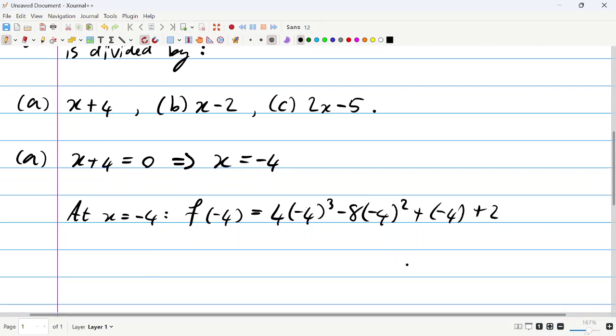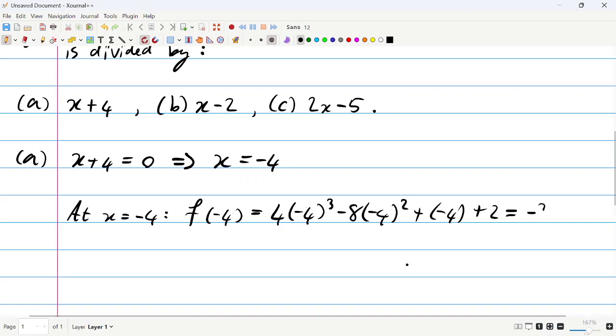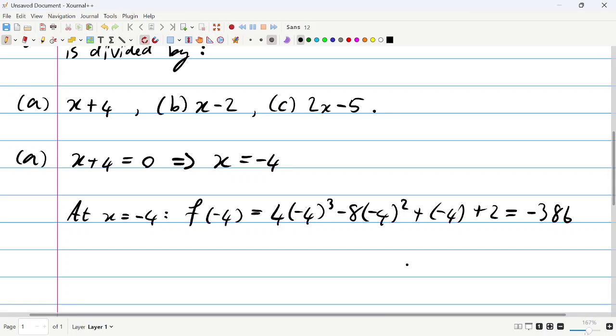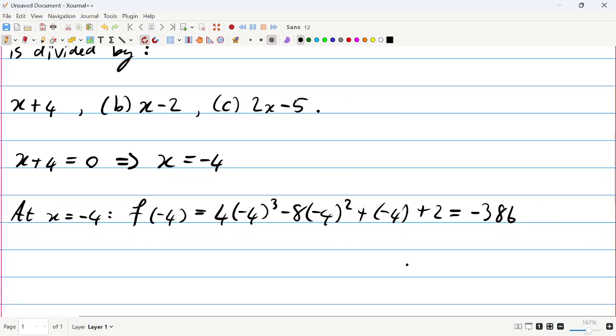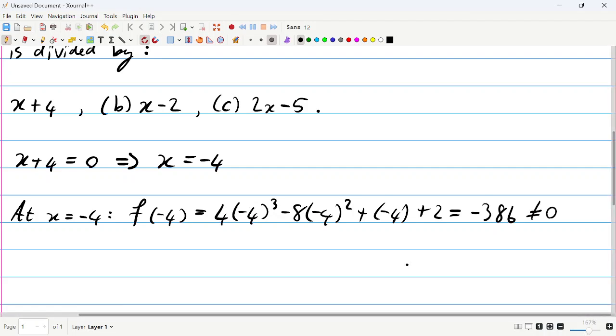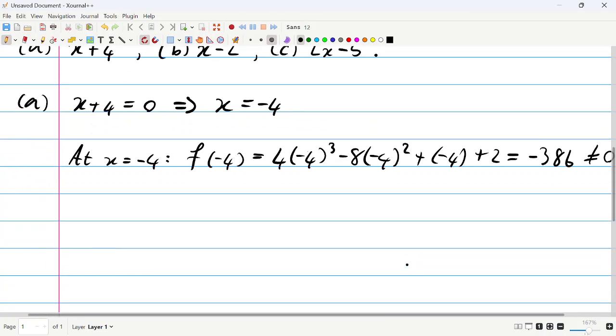And then what is that value going to be? If you put it on a calculator, we get negative 386. And what do you notice? This negative 386 is not equal to 0. So therefore, the answer would be the remainder.